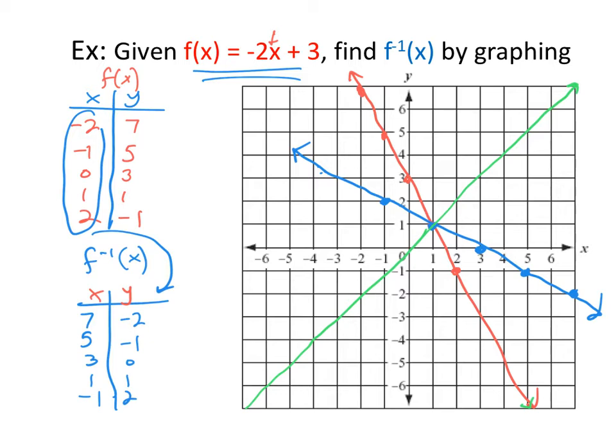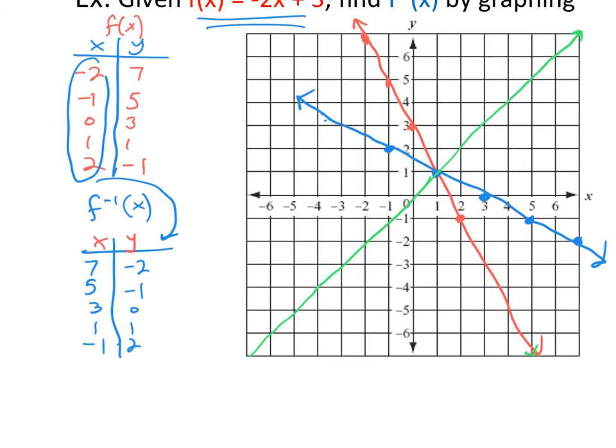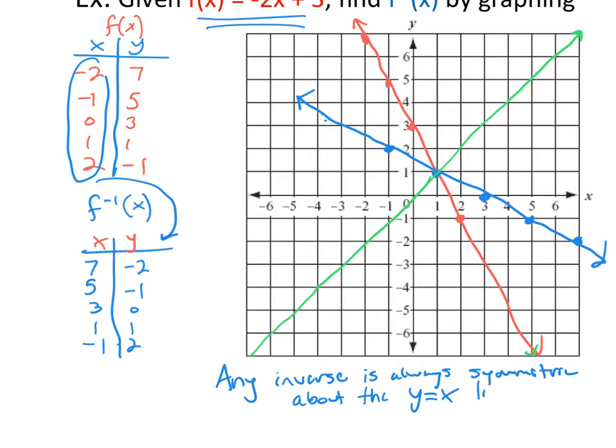In fact, that's a property that any inverse is always symmetric about the y equals x line. And we're talking symmetric with its original function. So that's something you want to note down.